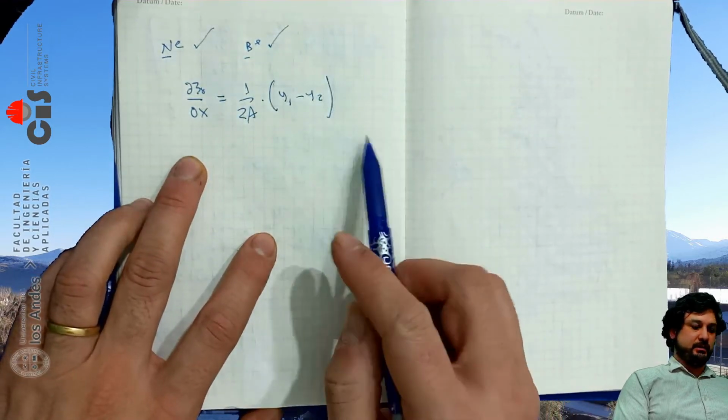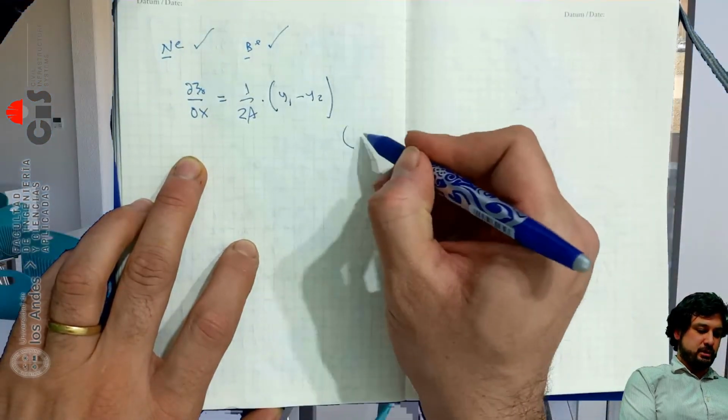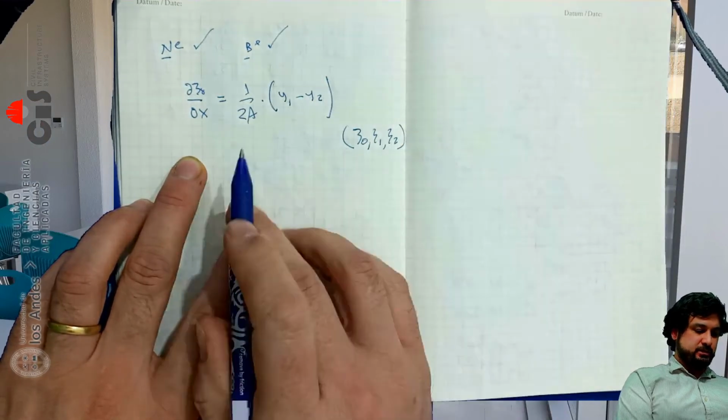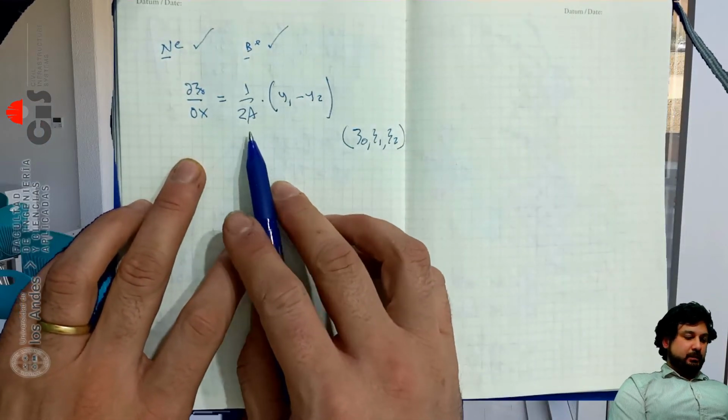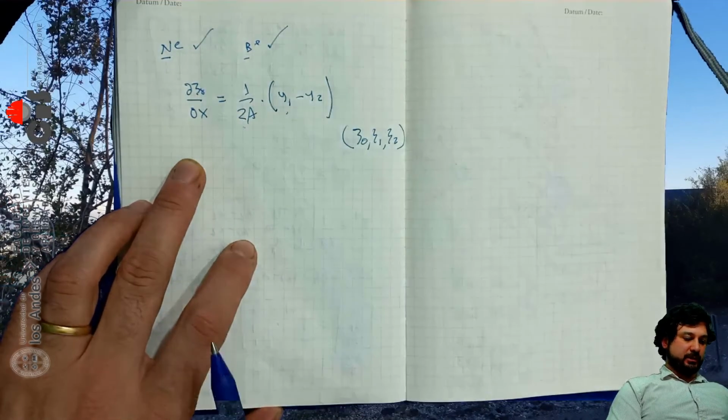And one thing you can see is that this derivative is not a function of zeta. So it's not a function of zeta 0, zeta 1, zeta 2. Thus, it's not going to be a function of x, y, z. Just a function of the area of the triangle and the corners of the triangle.